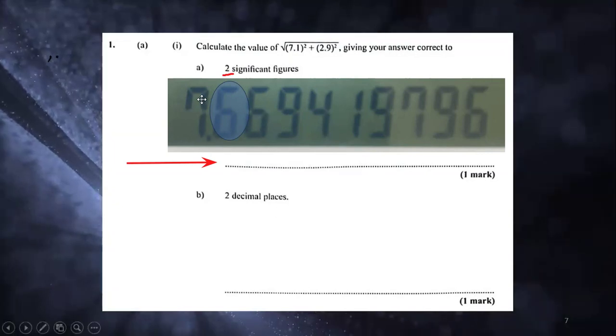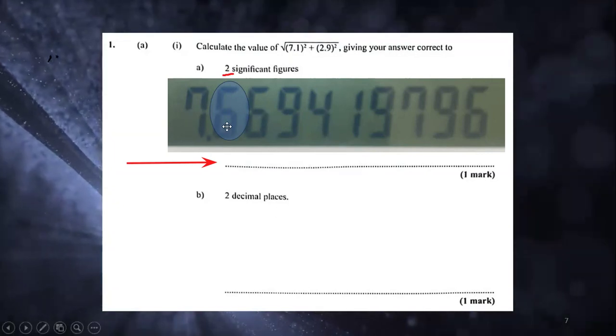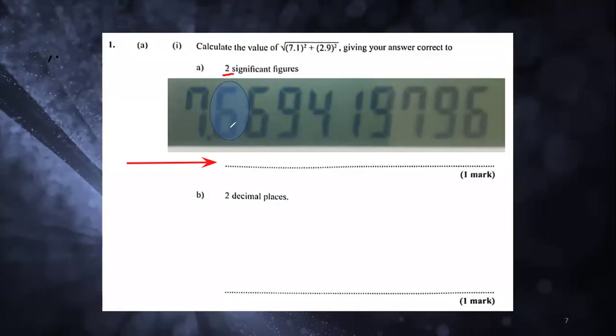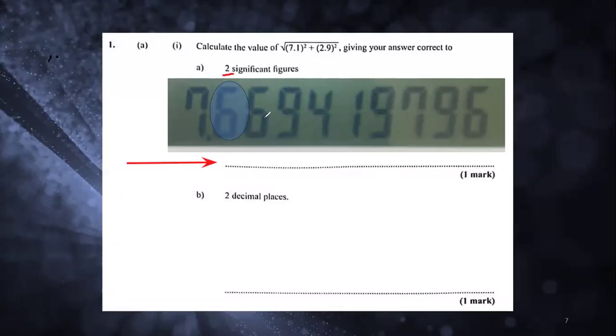So this is the first significant figure. This is the second significant figure. Have it written down or look at your calculator and then look at the number to the right of it and ask yourself, is this number in the 5 or more category? What do you all think? The answer is, it is in the 5 or more category.